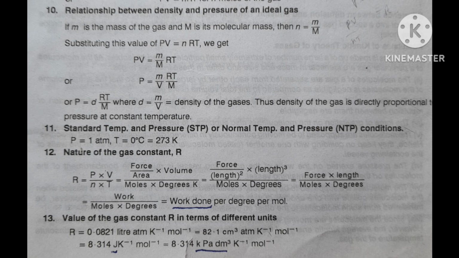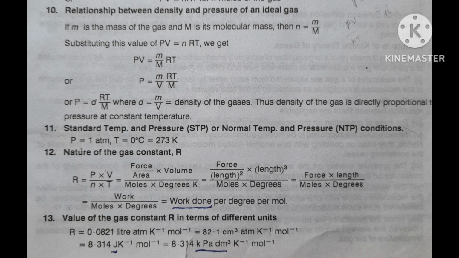Fifth relation, joule you can write as kilopascal decimeter cube. In the beginning I discussed the relation, the first day only. Then the 8.314 value will be the same. In the place of joule you can write kilopascal, decimeter cube. Correct? And per Kelvin per mole will be as it is.